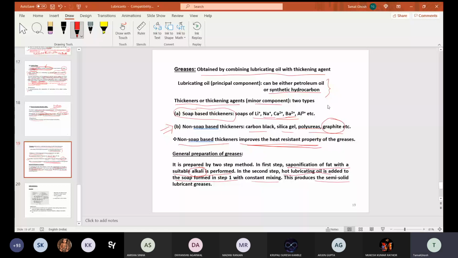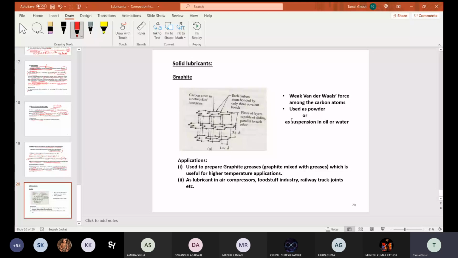Next we'll see the solid lubricant, graphite. The graphite structure, as we know, has fused carbon hexagons generating a layer.